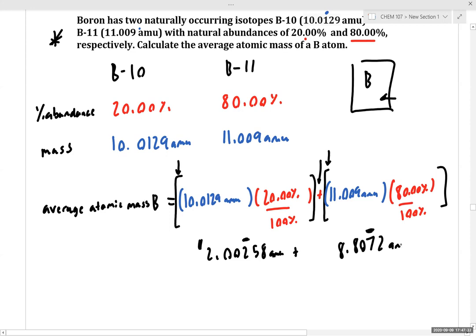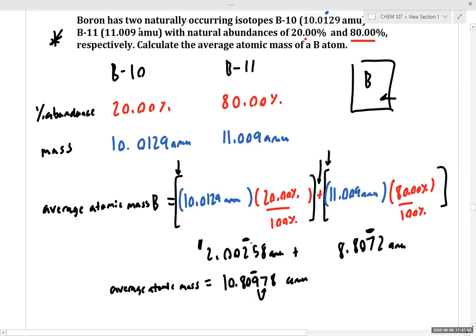So if we add these numbers together, for our average atomic mass, that in turn gives us 10.80978. We then round our answer following sig fig rules to the nearest decimal place.